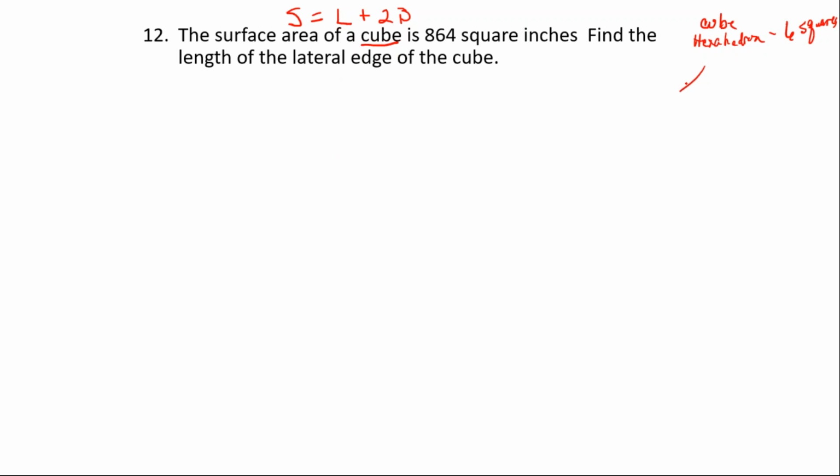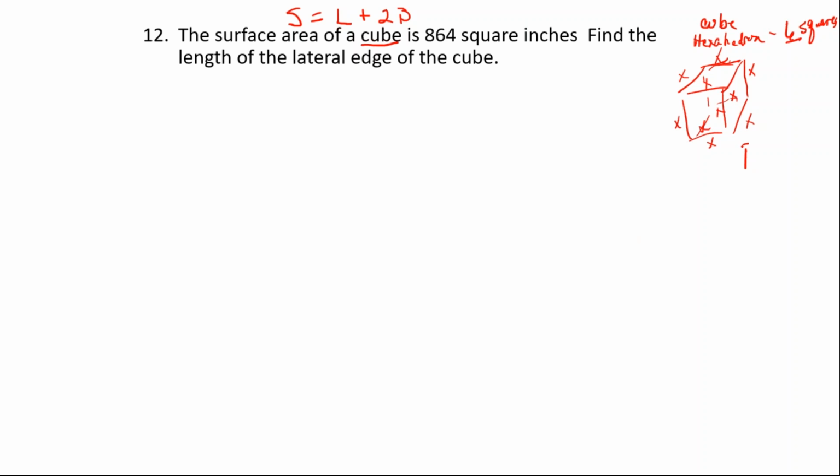Well, remember with the cube, if they're all squares, all those sides have to be the same. So I'm just marking X, X, X. Go around marking X's. They're all the same because it's a square. All 6 are squares.